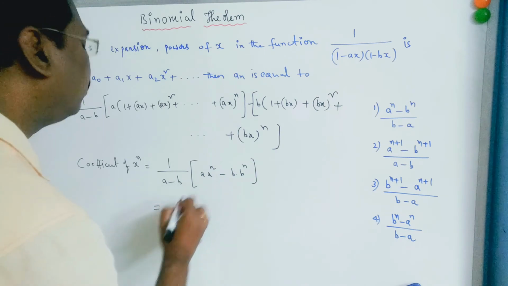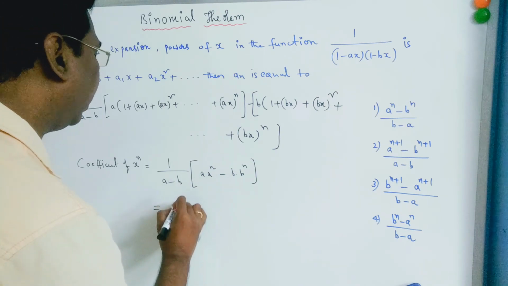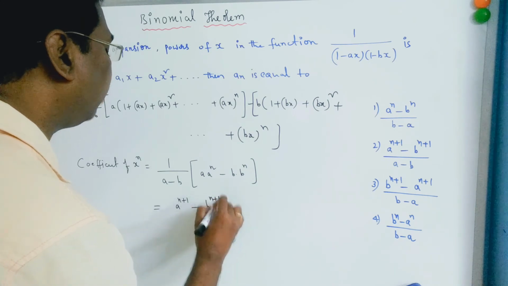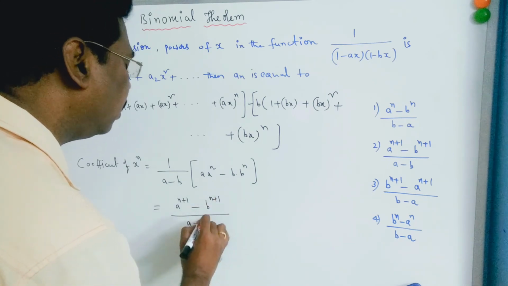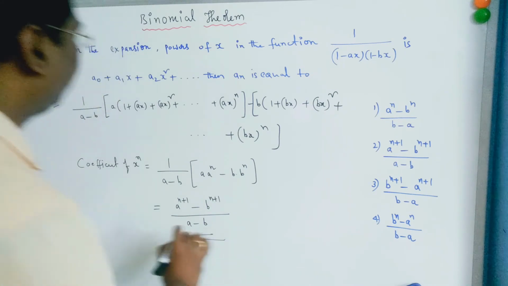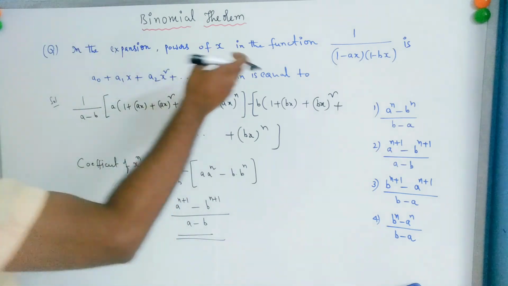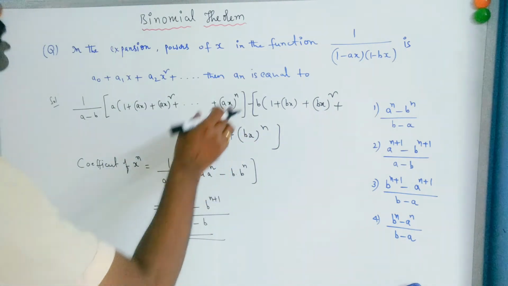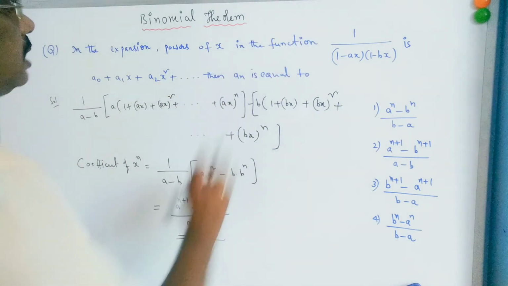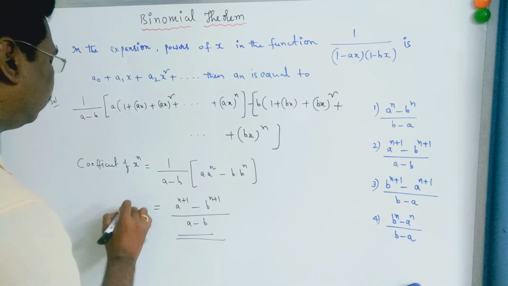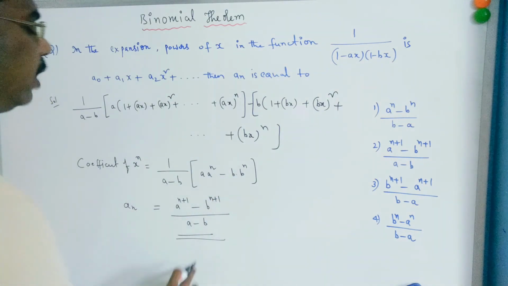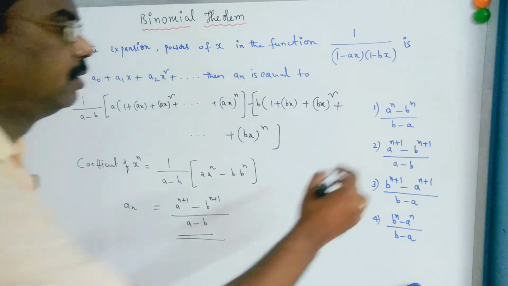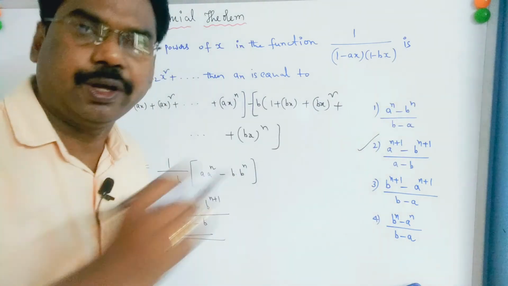Okay, now a power n plus 1 minus b power n plus 1 by a minus b. Therefore, the coefficient of x power n in the expansion, now an is equal to a power n plus 1 minus b power n plus 1 by a minus b. Option 2 is the correct one.